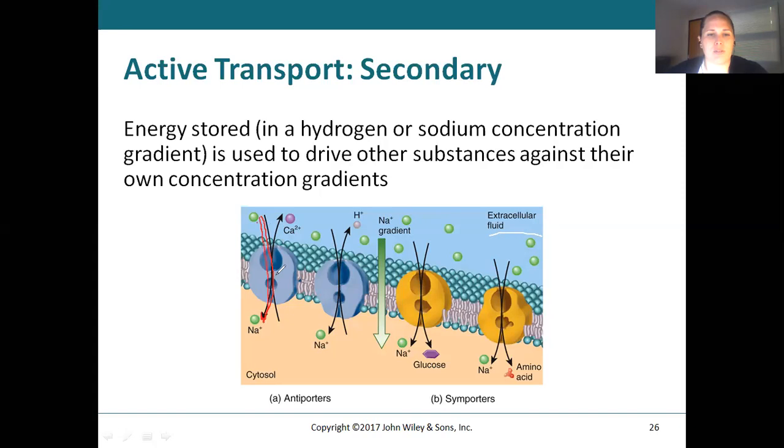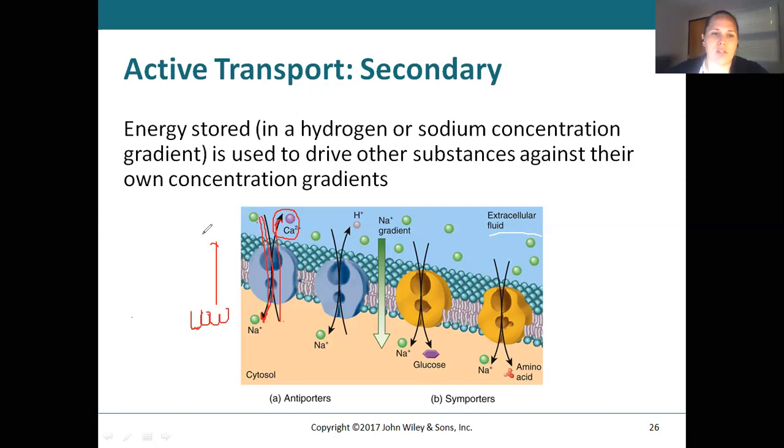This particular transporter has coupled that with the movement of calcium, and it's basically using this transporter to move calcium outside the cell against its concentration gradient. When I say against, it's from an area of low concentration to an area of high concentration. And for that to happen, there has to be some type of energy. In this case, we're using the energy that's established through the concentration gradient of sodium.